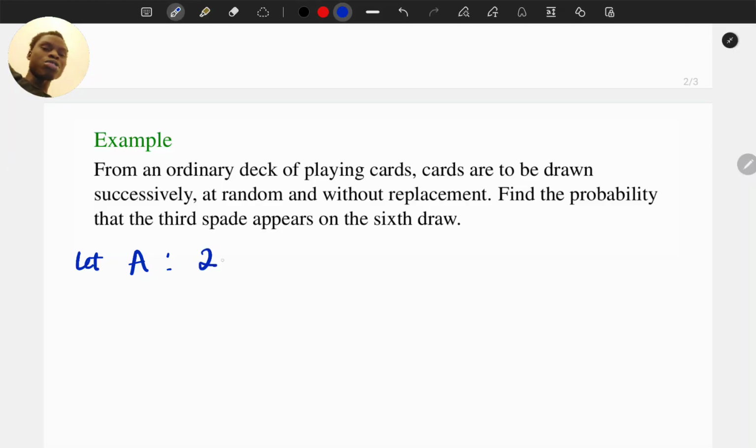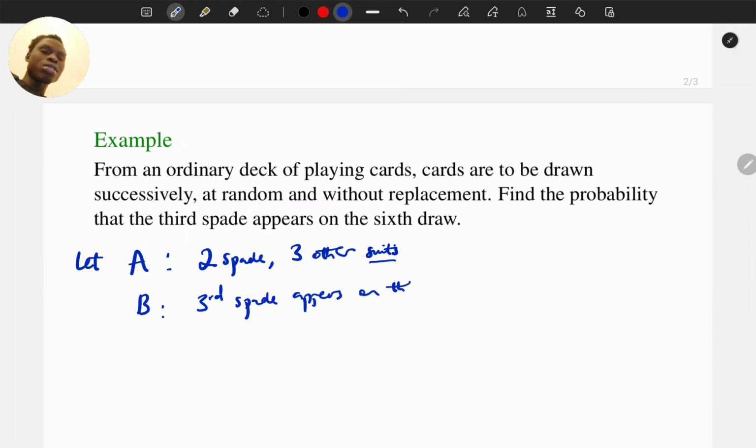That means we have 2 spades and then 3 other suits, or we can just call them kinds. So we have this, and then let B be the event that the third spade appears on the 6th draw.